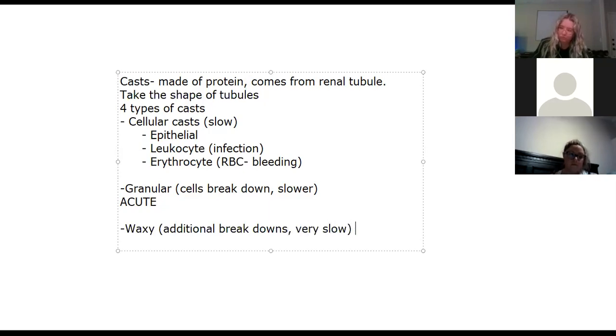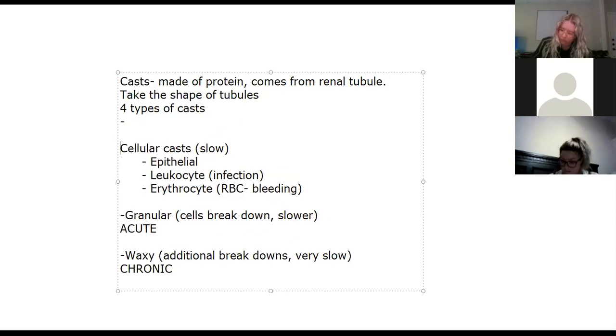So we're going to have things moving extremely slow through the renal tubules. And this is going to indicate a chronic renal failure or a chronic condition where the kidneys are not working as well as they should. So basically, all of our casts are going to come from hyaline casts.